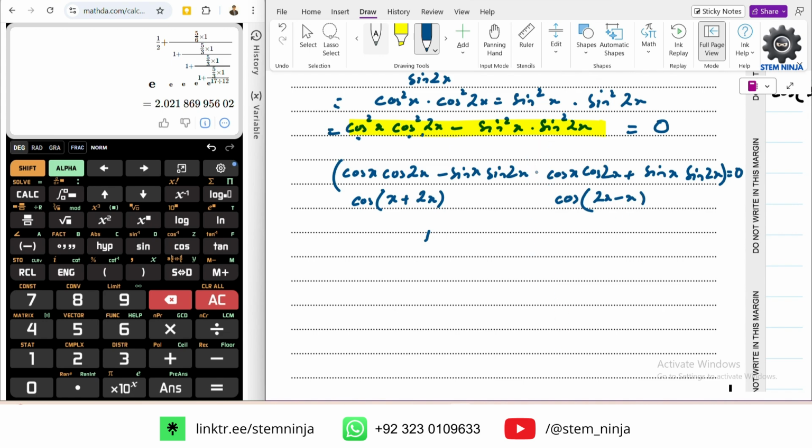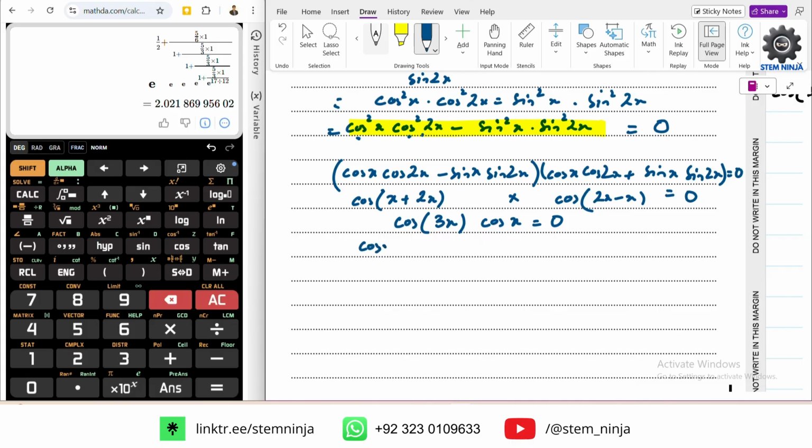So basically, you see, the product of these two is equal to 0. So basically, either it's cos 3x or cos of x equal to 0.